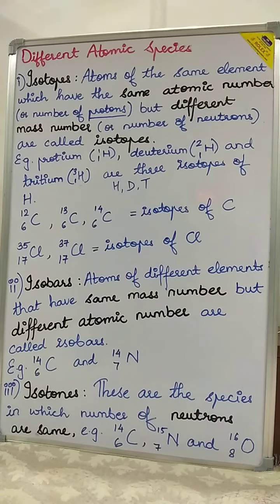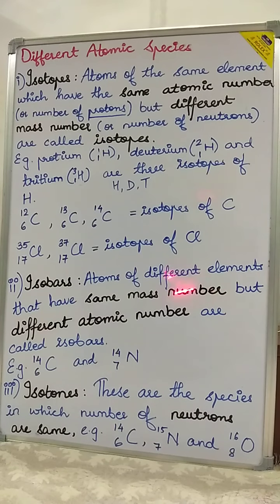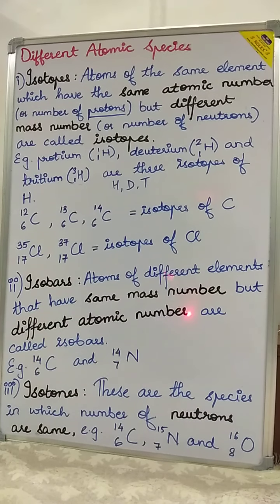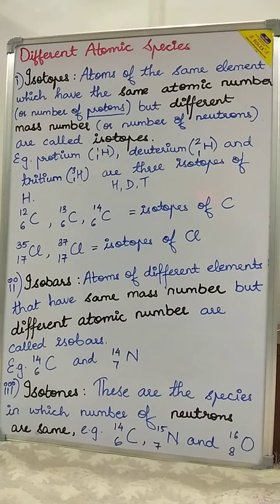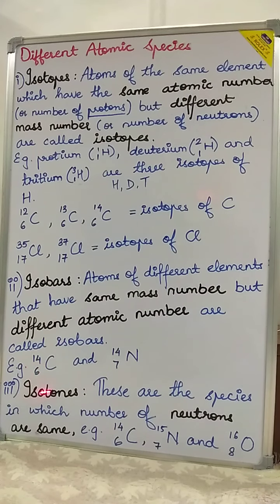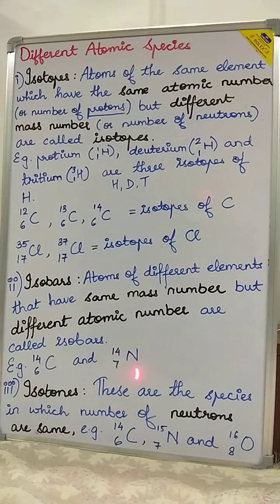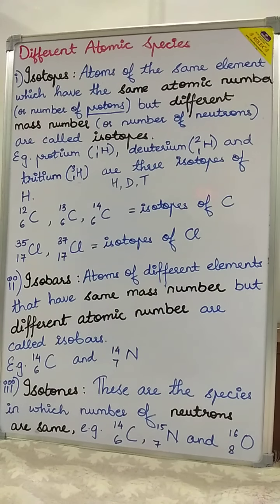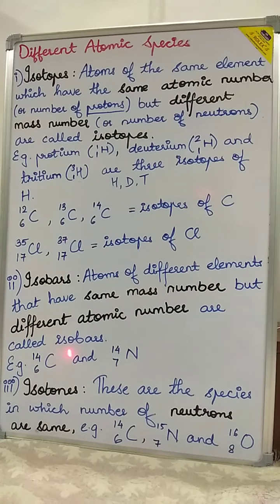So what are isobars, students? Atoms of different elements that have same mass number but different atomic number. Okay, so their mass number is same but their atomic numbers are different. They are known as isobars.